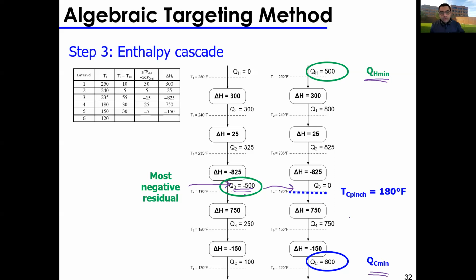Homework number 3 will really focus on these types of approaches, algebraic and graphical. On your exam, expect to do 1 algebraic, 1 graphical, and just get comfortable with the steps. And again, you don't really need to think about anything.